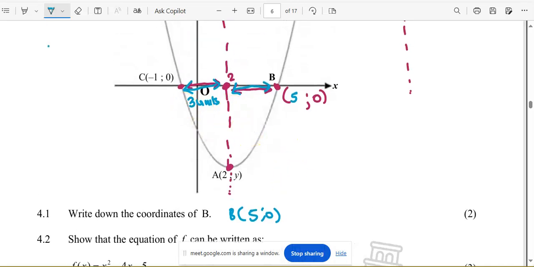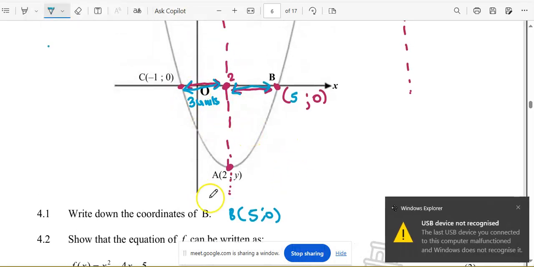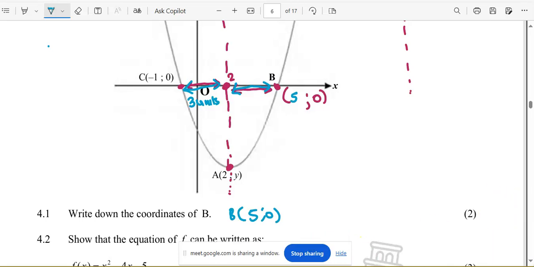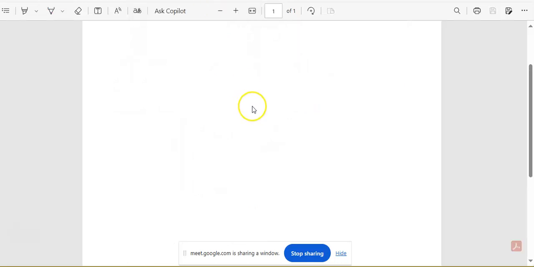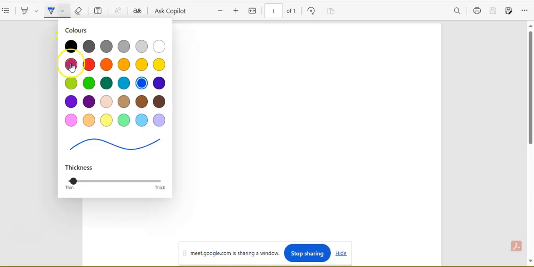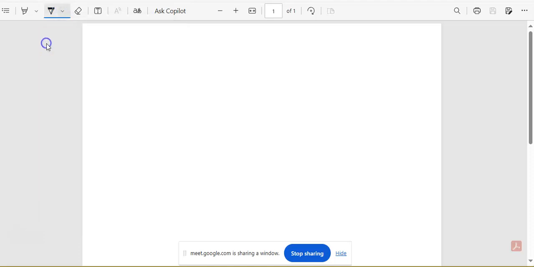You are given the x-intercept. So when you are given the x-intercept, I'm going to write this down so that you guys can see how I want you to know these things.